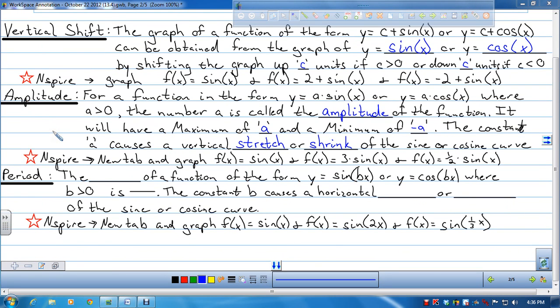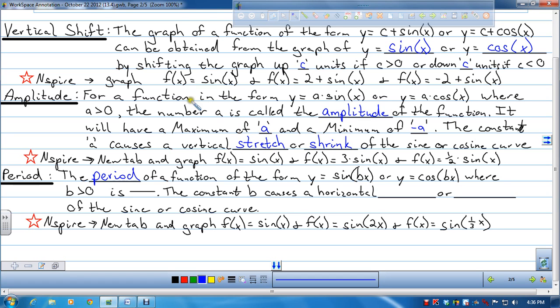Okay. The last thing we're going to talk about is the period of sine and cosine, because that can be altered as well by changing another part of the equation. So the period of a function in the form y equals sine of, now instead of just x, I am taking x and I am multiplying it by some coefficient.